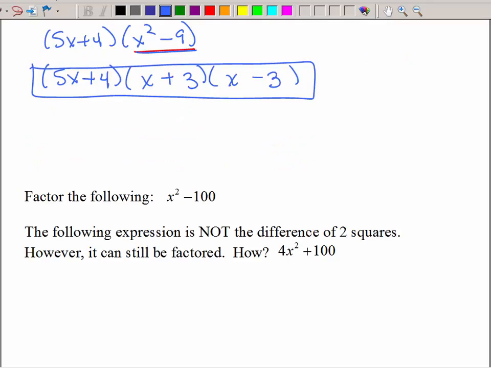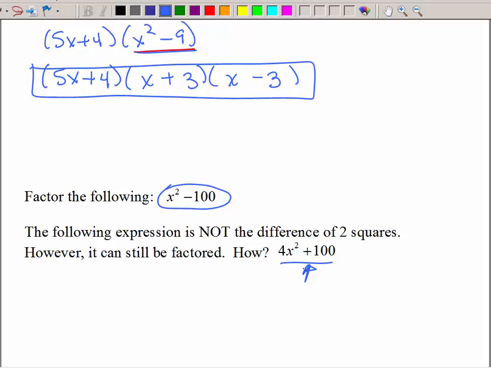So what I'd like for you to be able to do is factor x squared minus 100. And then, how come, even though this is not the difference of two squares, because there's a plus sign, it is not prime? Remember, prime means it cannot be factored any further.